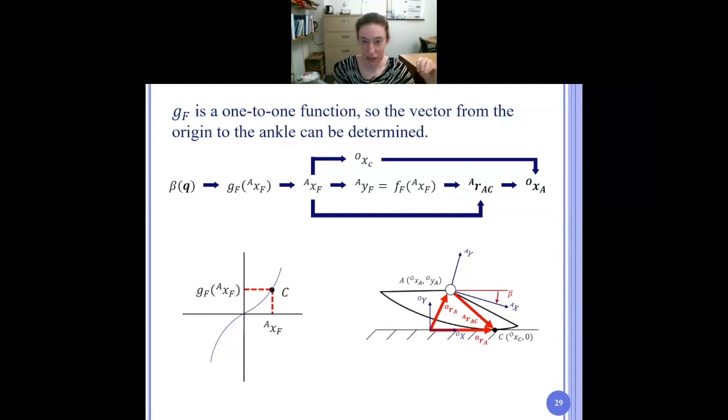Now, this relationship may not be analytically invertible, but it exists. So we can use numeric methods to solve for it. Once we know what the x position of the foot is, we can use our foot shape function to figure out what y is. And then once we know x and y, we can find the vector from the ankle to the contact point.